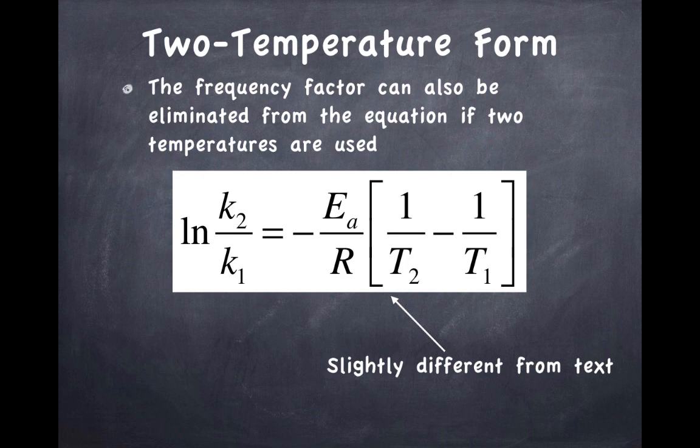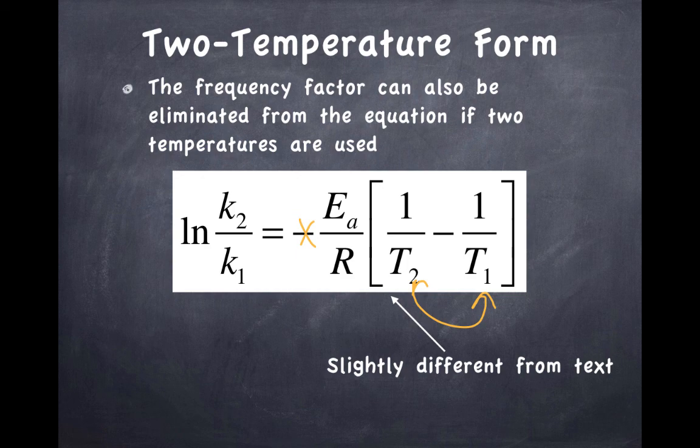Now this form of the equation is just slightly different from the one that you have in your text. The version in your text actually swaps out T2 and T1 here and gets rid of that negative sign. I don't like that form as much. To me, this one is a little bit easier to remember because the K's and the T's sound like they're in the same order.